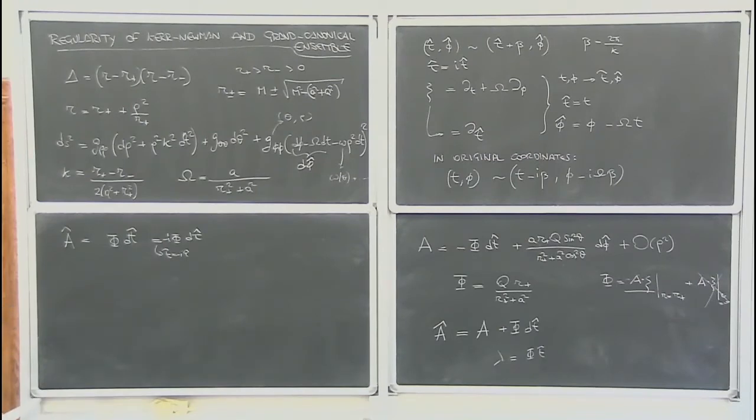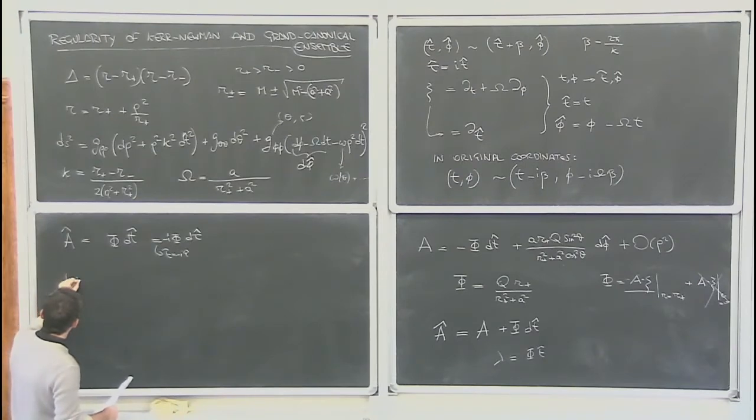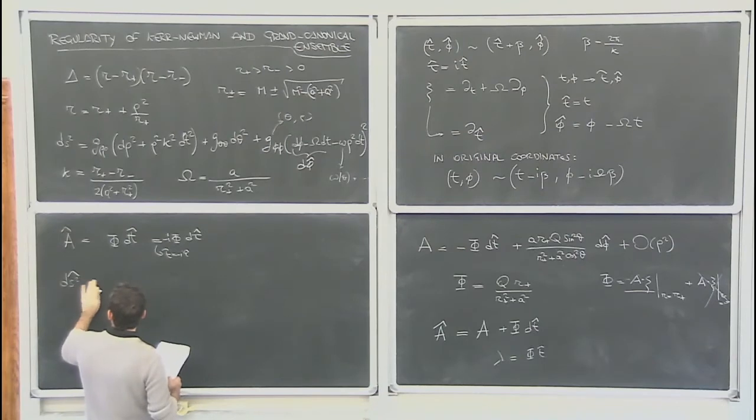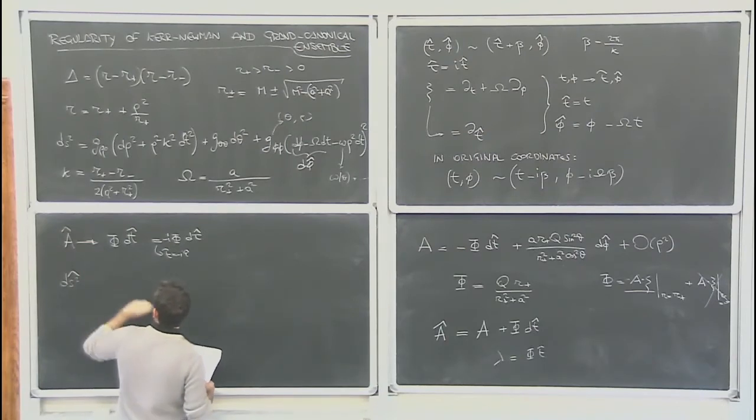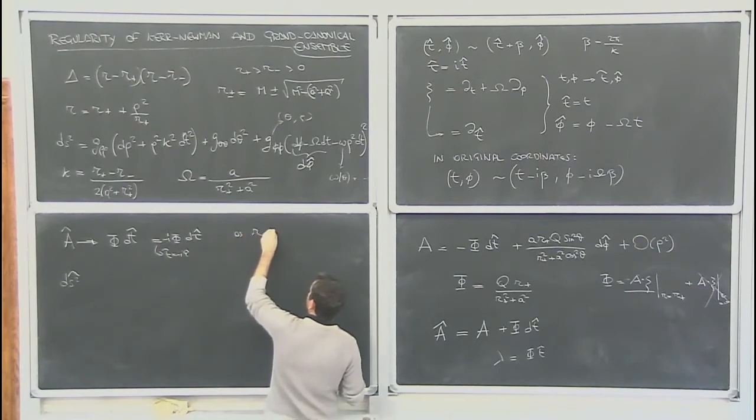And the metric, now the metric, ds squared hat in the hat coordinates. So let me say this tends to this field at infinity as r goes to infinity.